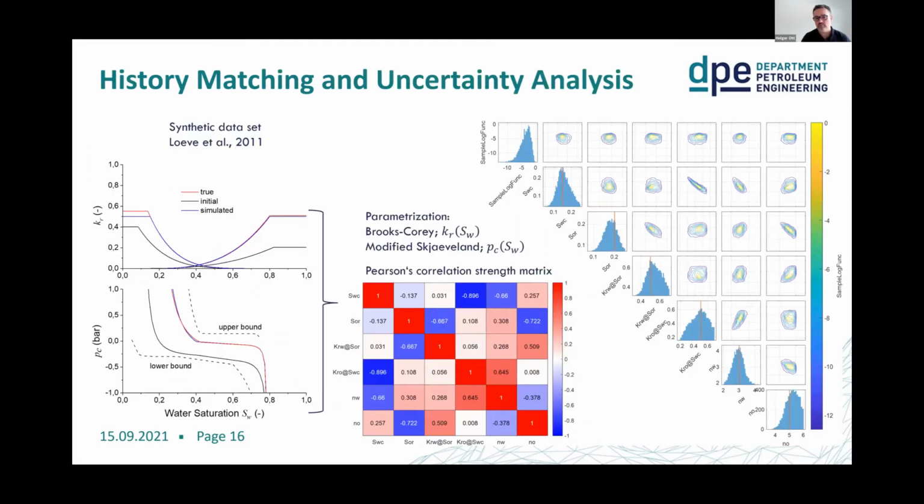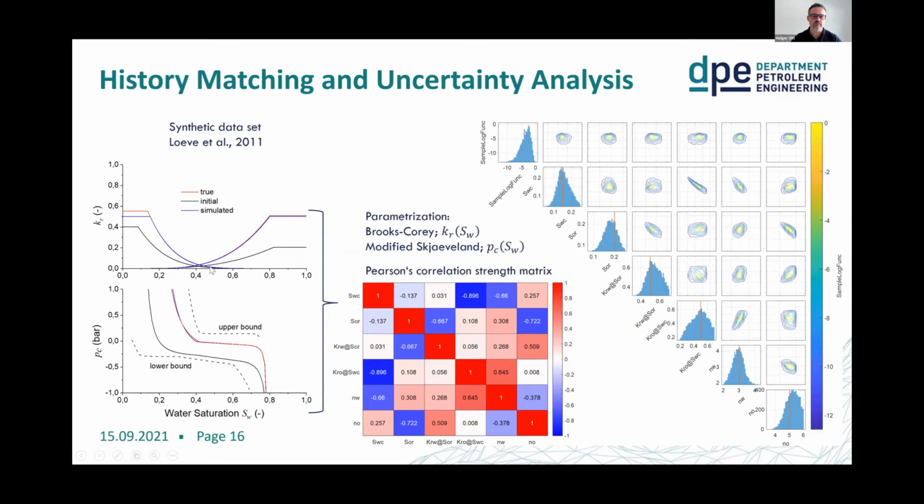Okay, good. So let's test it. The same thing, we use a synthetic data set. The data set is now by Leoben et al. You see here three different relative permeability curves, very generic, of course. The black one is the initial starting point. The red one is the truth, this means the input for this synthetic data set.